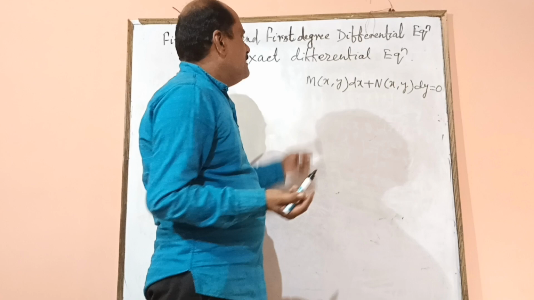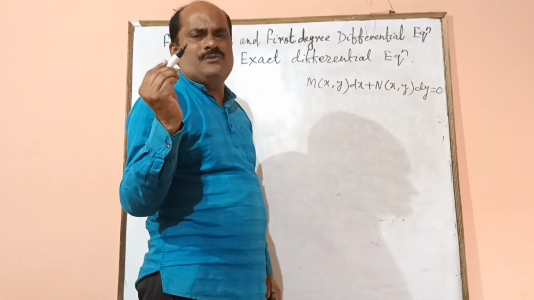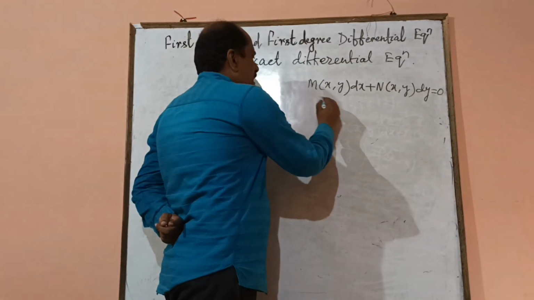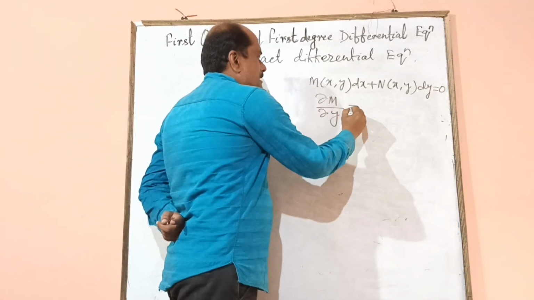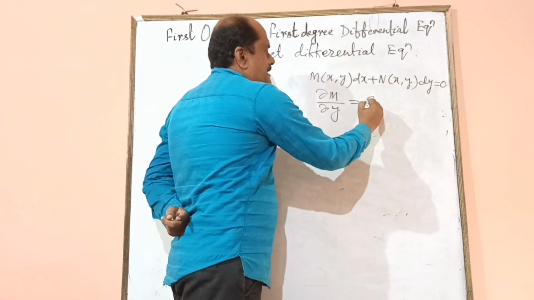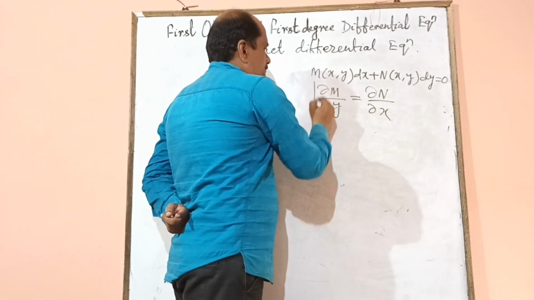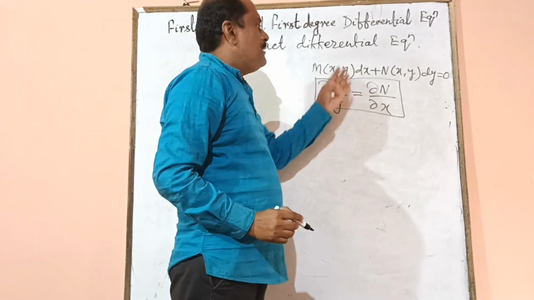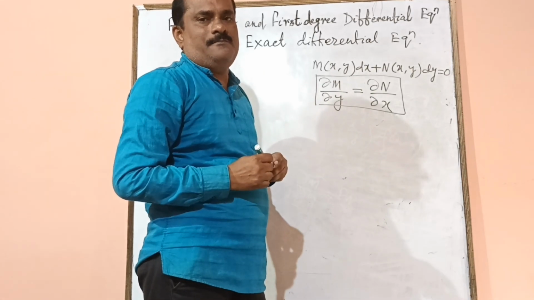An equation M(x,y) dx plus N(x,y) dy is equal to 0 is an exact differential equation if the partial derivative of M with respect to y is equal to the partial derivative of N with respect to x. If this condition is satisfied, then this is an exact differential equation.